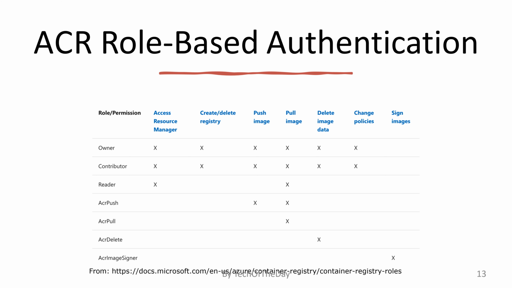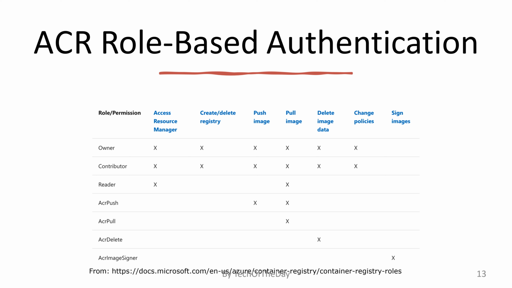Azure Container Registry is an Azure resource and can be administered, or its configuration accessed, using Azure tools. These roles also have access to the content of the container registry itself, such as images stored in it.